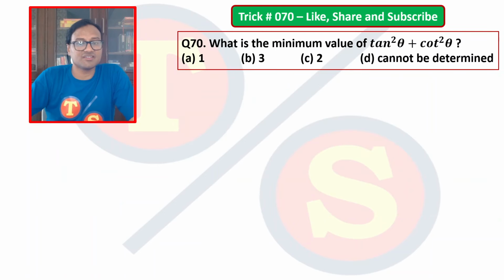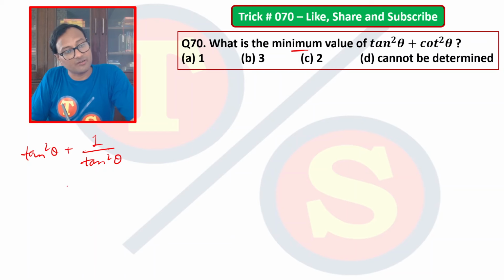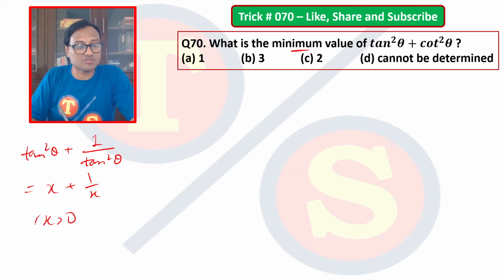After that, question 70: what is the minimum value? Even if statistics is not asked in the exam, this concept can help you find the minimum value of trigonometric expressions. You know that tan square theta and cot square theta can be written as 1 upon tan square theta, meaning this expression is in the form of x plus 1 by x, where x is a positive number.